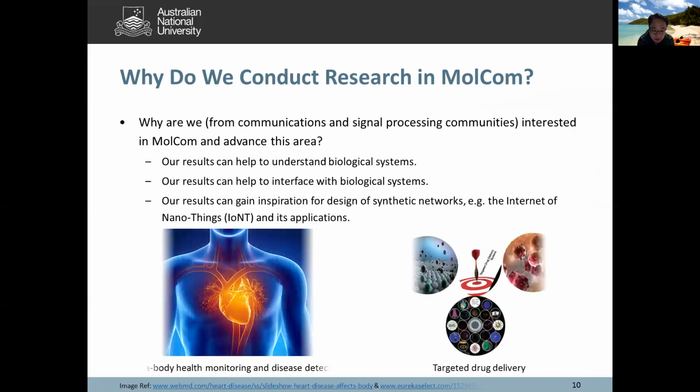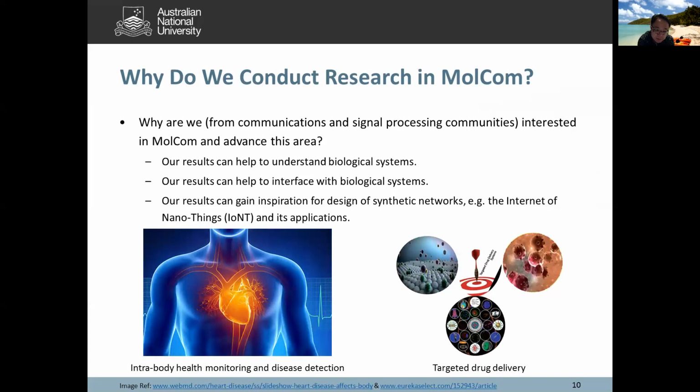So in order to do that, we are able to see some promising applications brought from imagination to reality. For example, with the mature Internet of Nano Things, we are able to construct intra-body health monitoring and disease detection.